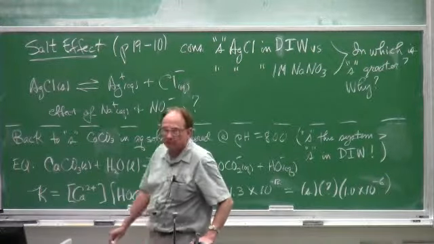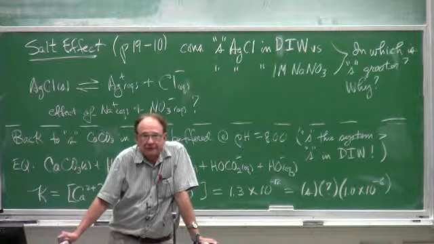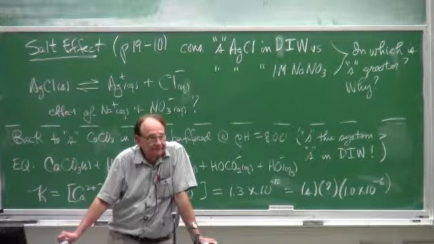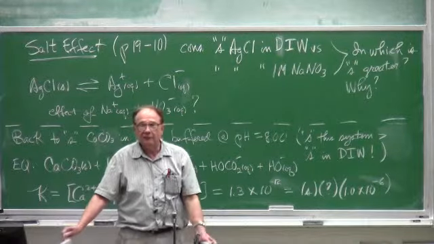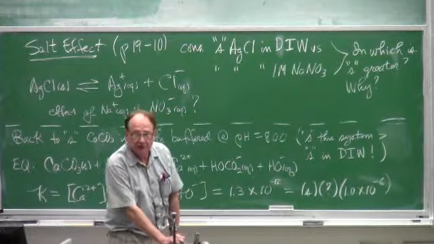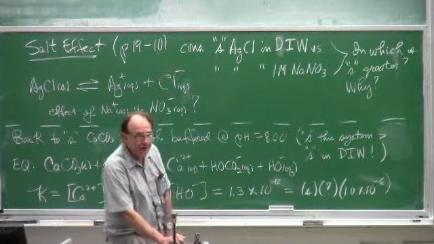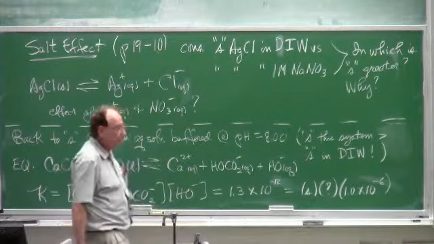Well, coulombically speaking, what do we know? Oppositely charged particles attract. Nothing fancy about that. What's the effect of that electrostatic property of oppositely charged particles on the solubility of silver chloride in the sodium nitrate solution?